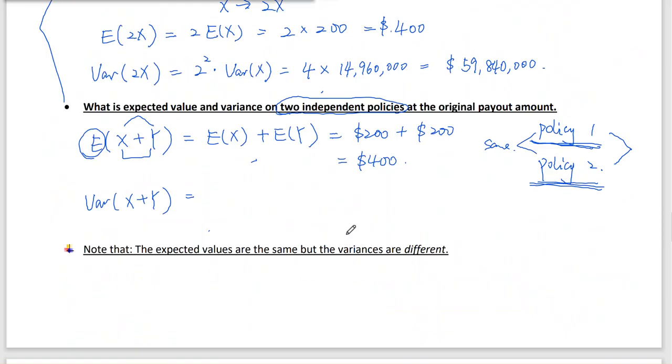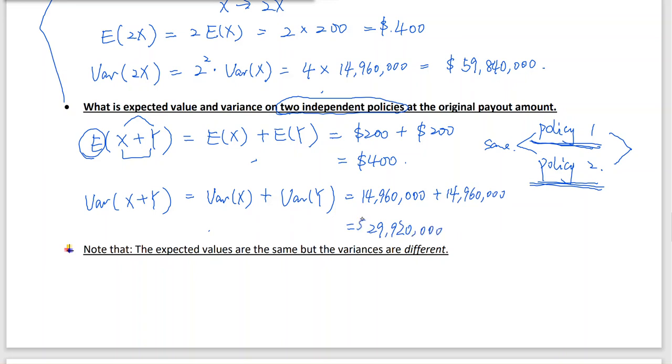So the variance of x plus y equals the variance of x plus the variance of y. Since these 2 policies are the same, for the first policy you have a variance of 14,960,000, and for the second you still have 14,960,000. Then you will have 29,920,000.